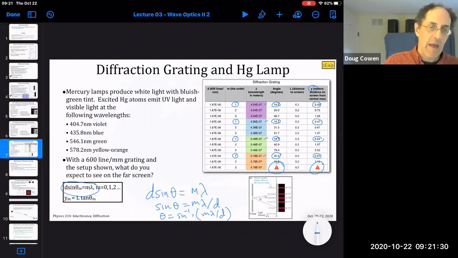There's no angle, the sine of which is greater than 1, because the sine function is restricted to be between -1 and +1. So at that point, we can no longer solve this equation. And physically what that means is that the diffraction grating is trying to send light at more than 90 degrees away from the forward direction, which means that it's not going to be visible.